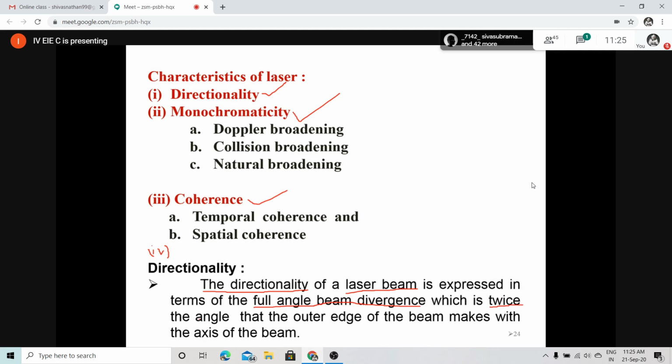Twice the angle that the outer edge of the beam makes. So when a beam comes out, it is related with full angle beam divergence with twice the value of the angle made by the outer edge of the beam. Clear? And that is with respect to the laser beam. So this is what you need to understand from directionality.